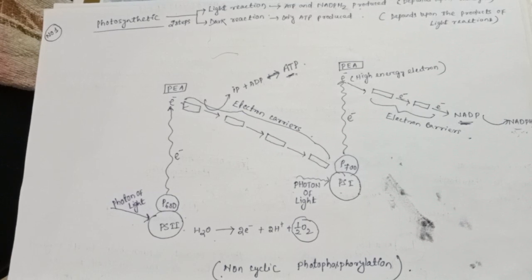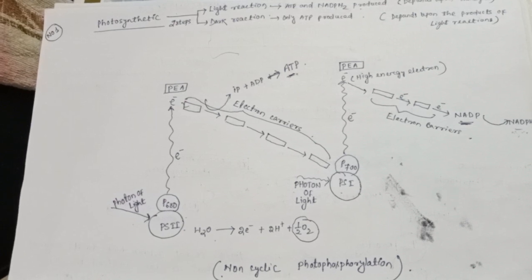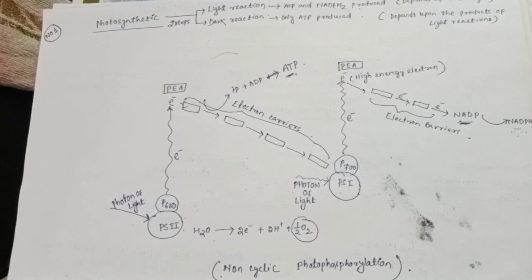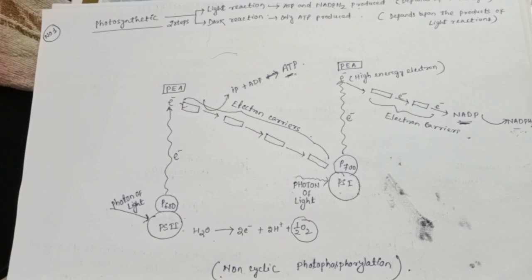After its release from the reaction center of the photosystem, it is accepted by the primary electron acceptor, and then this high energy electron passes through a number of electron carriers present in the thylakoid membrane.